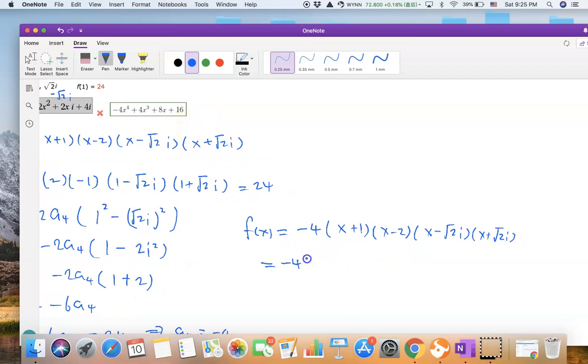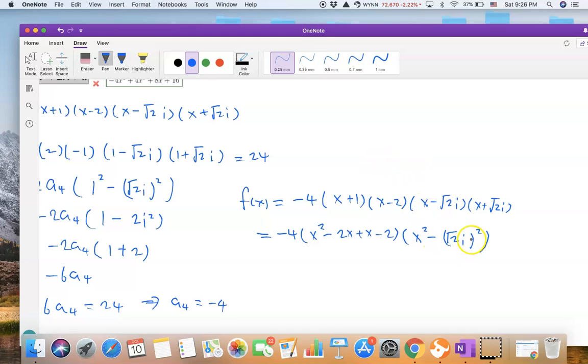So x plus 1 times x minus 2 gives x squared minus 2x plus x minus 2. And here, using the difference of squares, that's x squared minus the square root of 2 i squared, so that will be x squared plus 2.